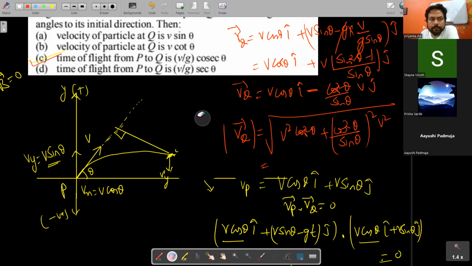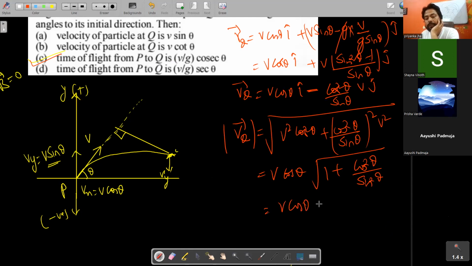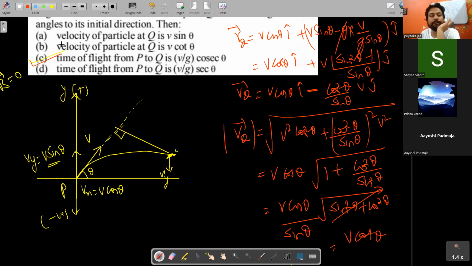You can take V square out, cos square out, and now 1 plus cos square theta upon sin square theta. Take LCM, you will get sin square theta plus cos square theta upon sin square theta. This is one identity. So V cot theta. So B is the correct answer.